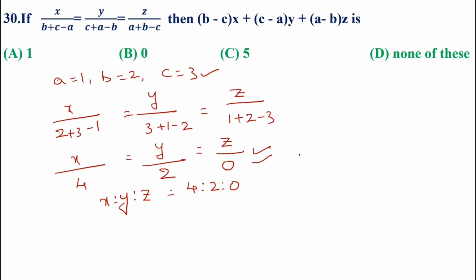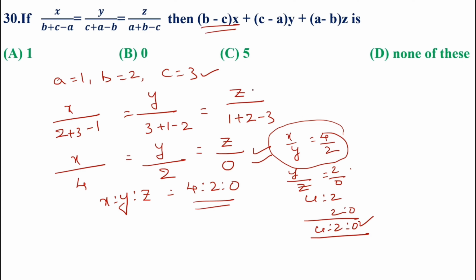Or else you can calculate in this way also. x by y is equal to 4 by 2, and y by z is equal to 2 by 0. Then 4 is to 2, 2 is to 0. 4 is to 2 is to 0. Keep in this (b minus c).